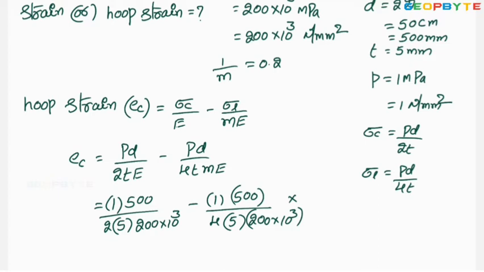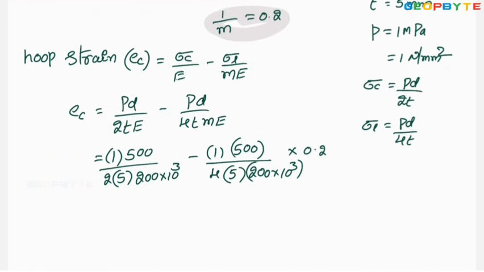Here 1 by m is the Poisson's ratio, into 0.2. You simplify this value for getting approximately 2.25 into 10 raised to minus 4. That is the hoop strain or circumferential strain. Anyhow, answer is 2.25 into 10 power minus 4.